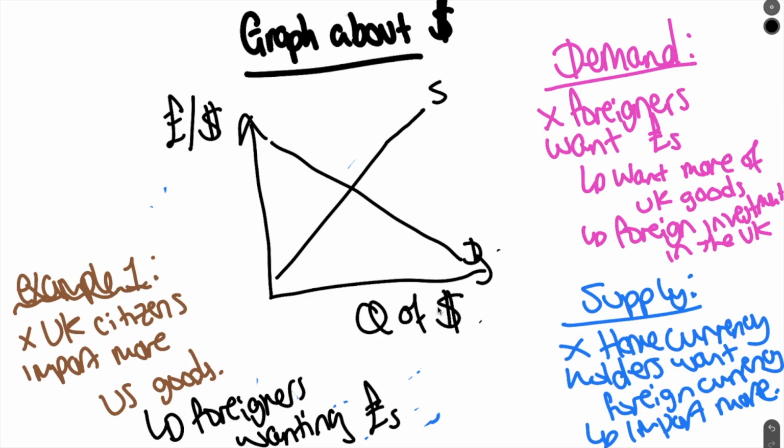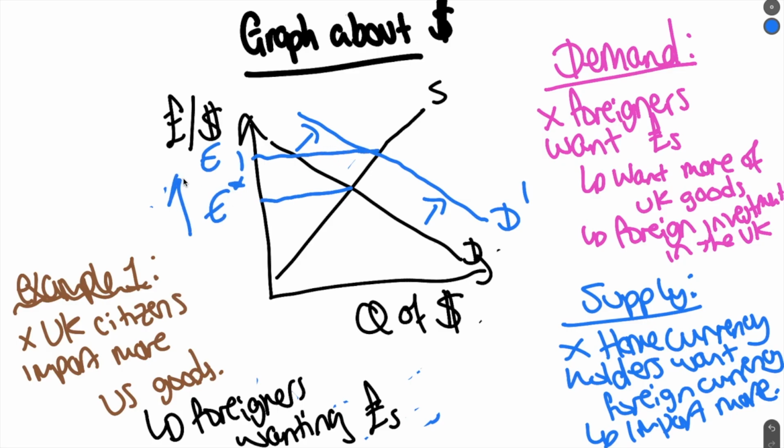In the previous graph, we would have said that dollars were the foreign currency. Okay, so when we're talking about foreigners, we know it's demand. So in the previous one, we shifted supply, but in this one, we're going to have to shift demand. Foreigners are wanting pounds. That's an increase. We're going to shift demand. Demand's going to shift outwards. Okay? So what do we see happening? We see we've gone from here to here. E has risen.